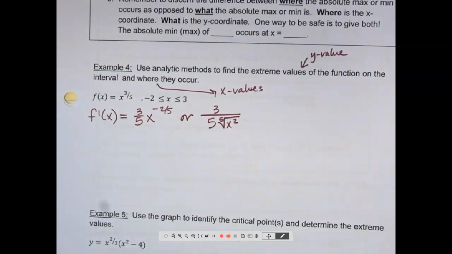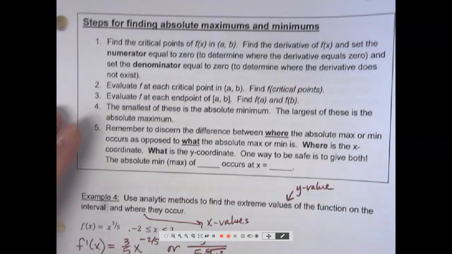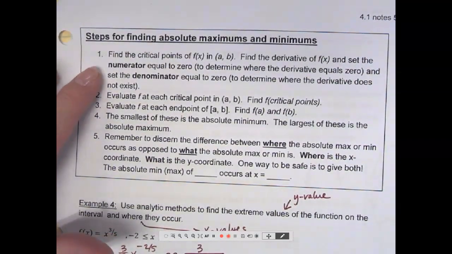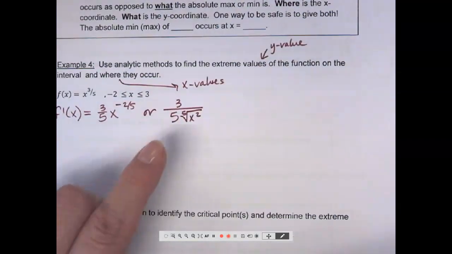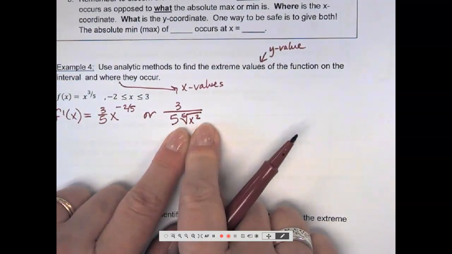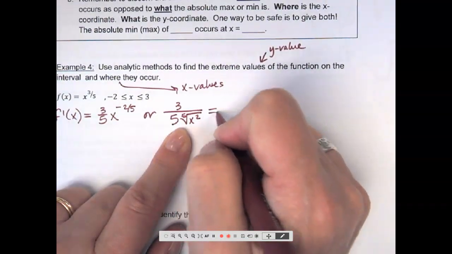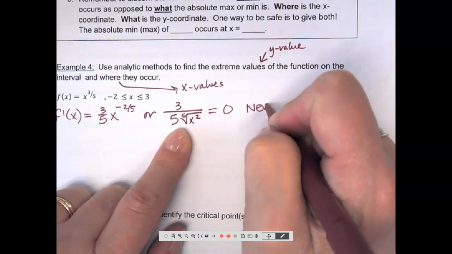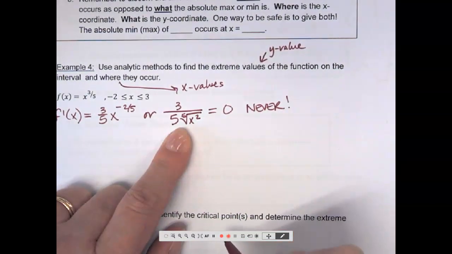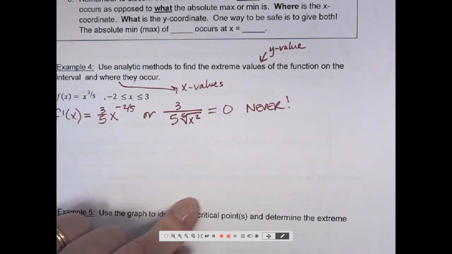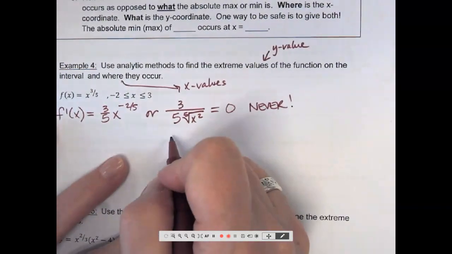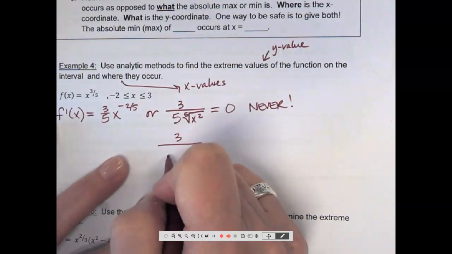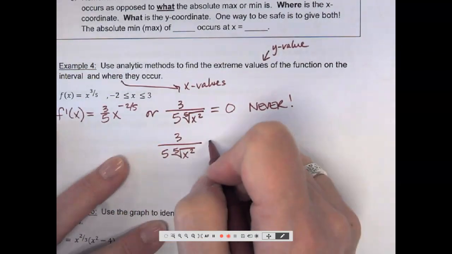Okay, what am I going to do with this derivative? I want to know where it is 0 and where it is undefined. Okay, where is this equal to 0? Never. But when is this undefined?